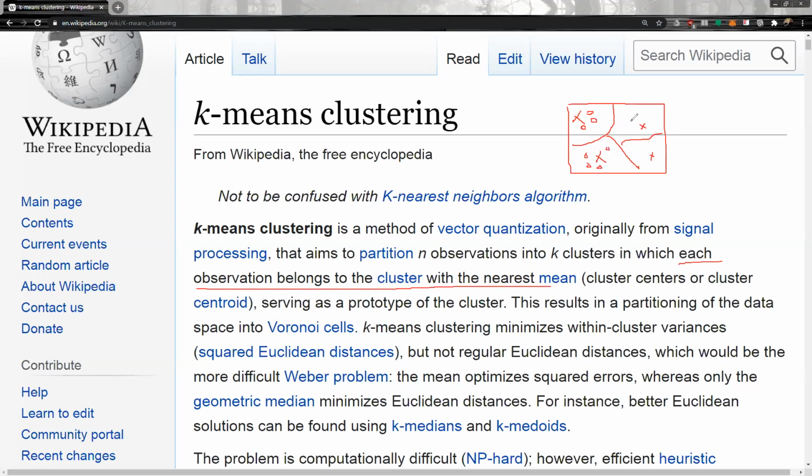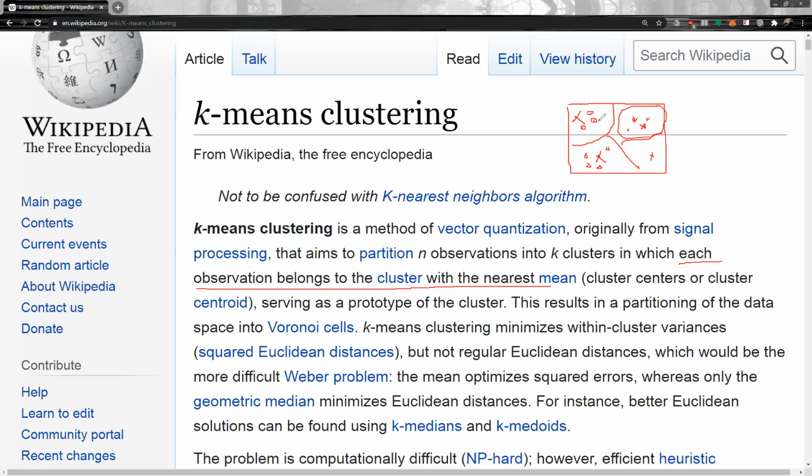So we have this data. So each data, so this V belongs to this segment because it is nearest to the X. Okay, this one. So instead of this one or this one or this one, this V is nearest to this one. So it belongs to this cluster.